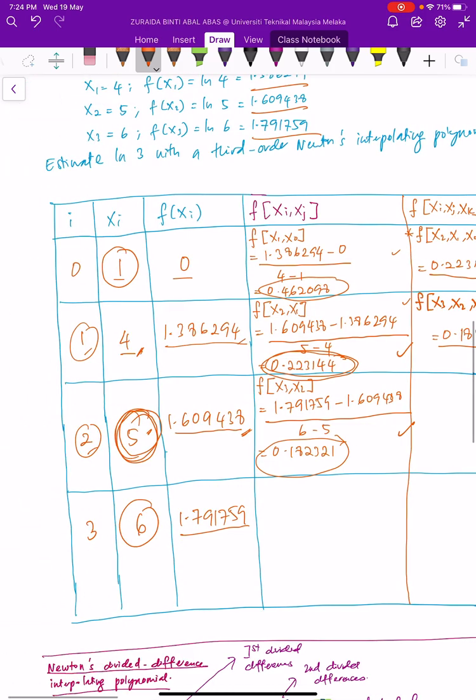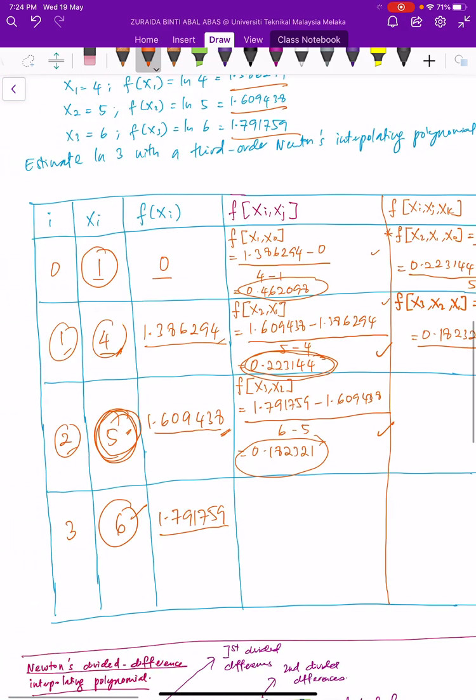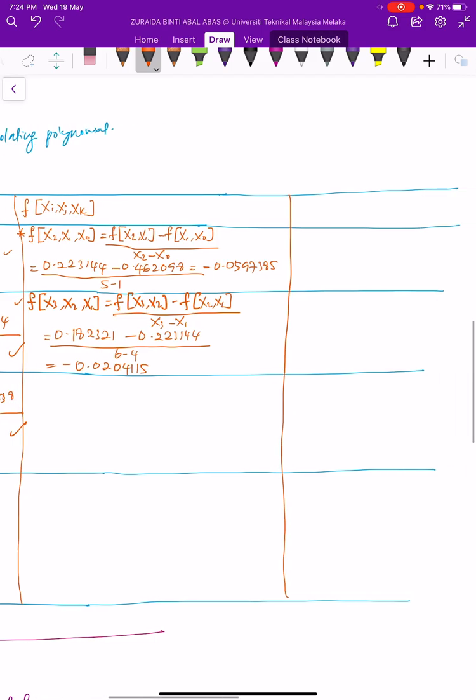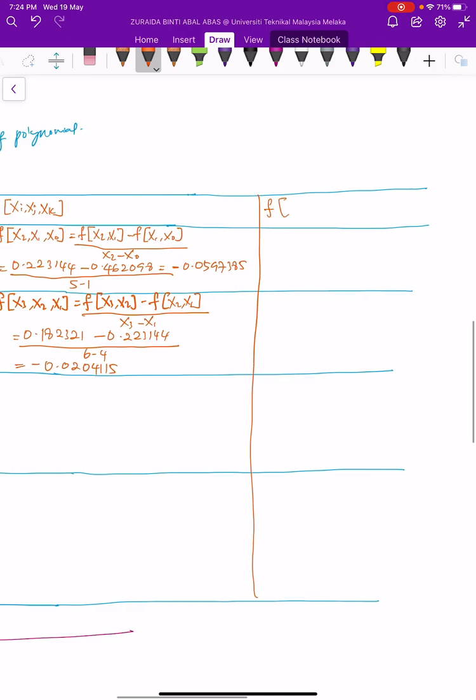So x3 is 6 and x1 is 4, so 6 minus 4. And that will give you minus 0.0204115.